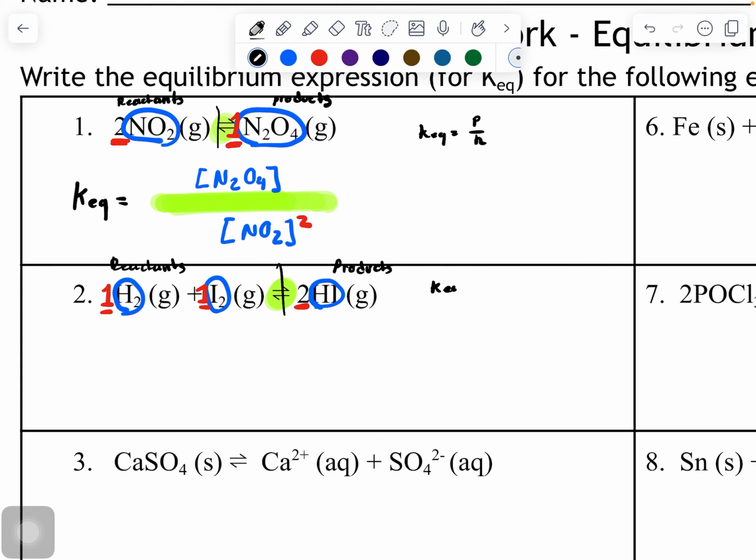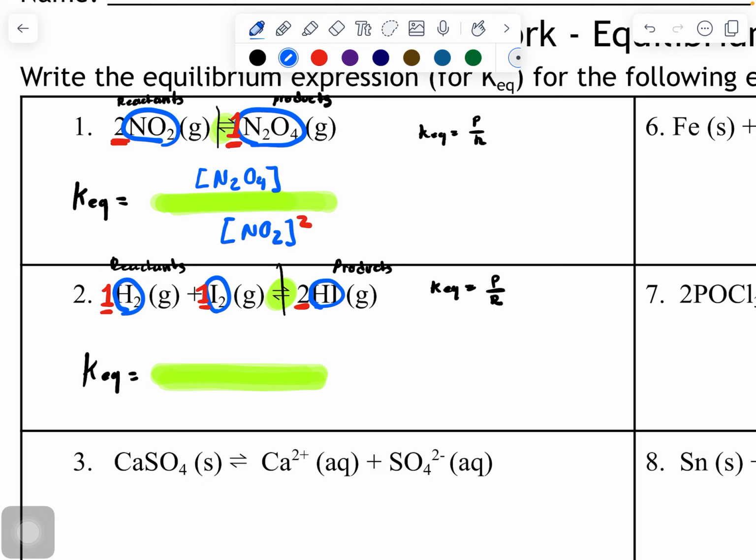As a reminder, KEQ is the same as products divided by reactants. So let's go ahead and write KEQ. I'm going to write down my line the same color as my arrows, because this is my division right here.